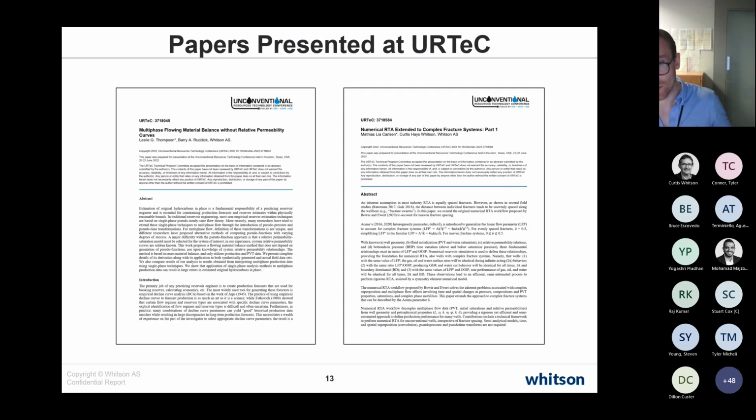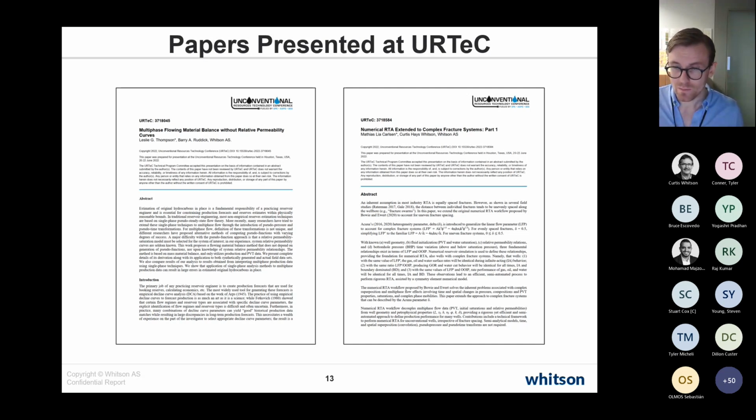Leslie and Barry wrote a paper to summarize everything on the multi-phase flow material balance without relative permeability curves, which was presented last Wednesday, and that's the method that is in Whitson Plus and the technology they developed when they were at Cimarex for the last 4 or 5 years they were there.